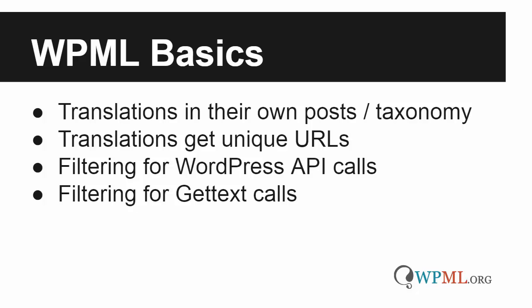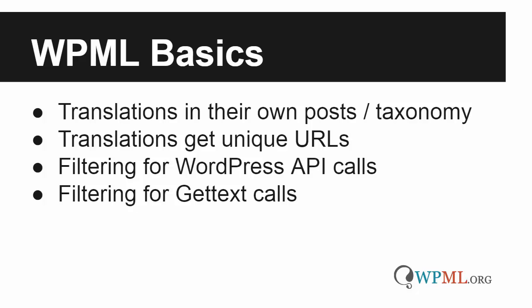WPML translates products, or posts in that case, using their own posts. Meaning, when you create a translation for something, you'd create a new post or a new taxonomy item. Since these are their own posts, translations will also get their own URLs.